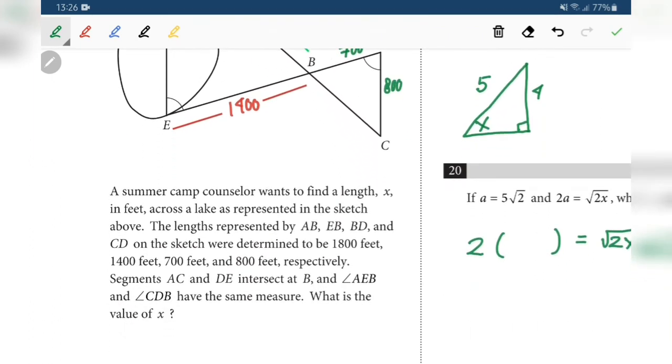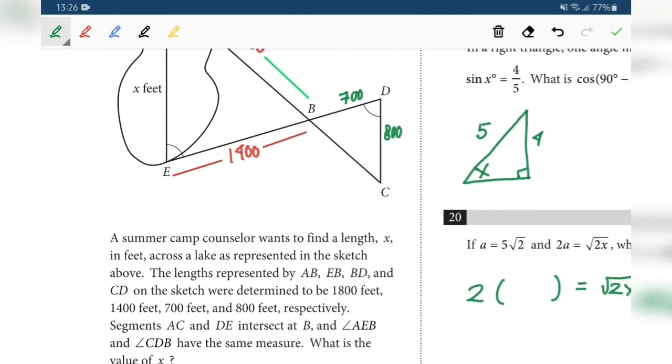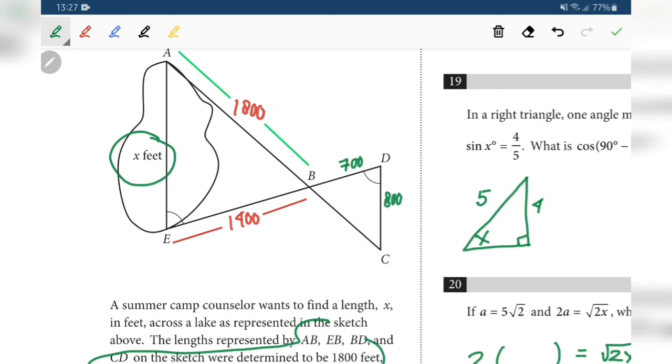For number 17, they are looking for the value of x. So I'm going to put every piece of information here into the drawing that I already made: the lengths of AB, EB, BD, and DC. From here we can see that they have a ratio. The ratio is 1 and 2.